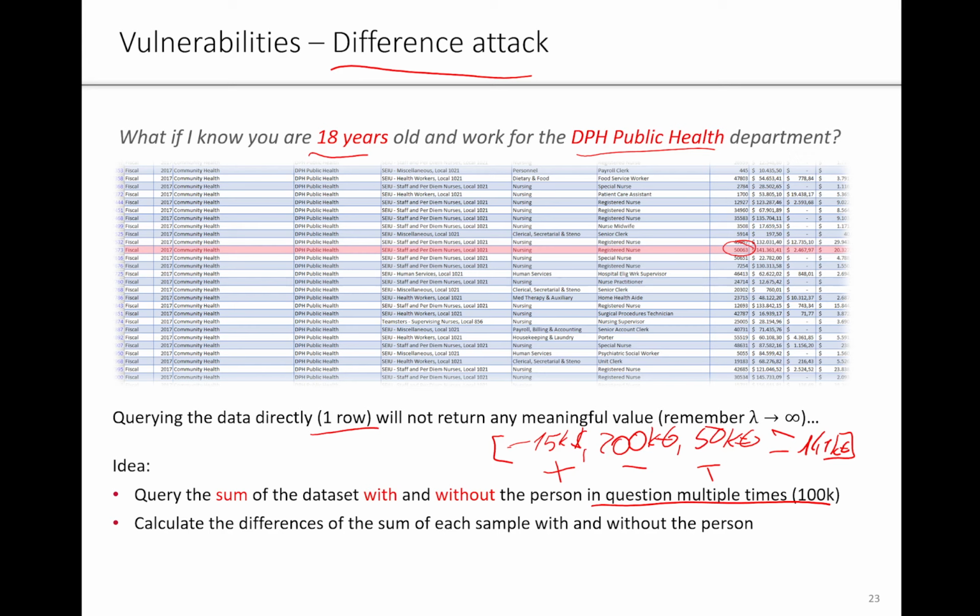It's basically the same. Another example: let's say you have the data set A, and you compute the sum over all salaries, and it's quite correct. Then Alice joins, and you ask for the sum again, and you find out what the salary of Alice is, if you know that Alice is inside.